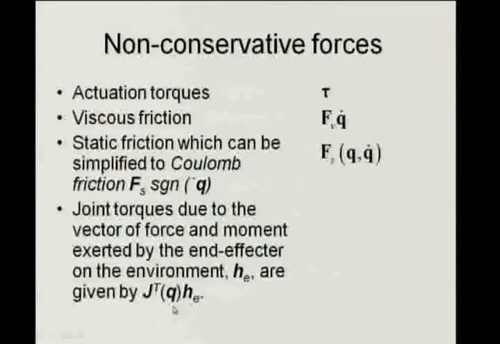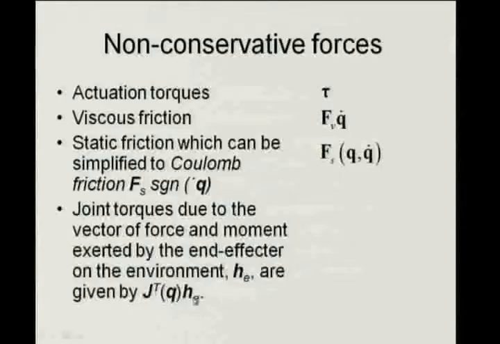No. When I did infinitesimal screws, that is what I discussed, that you get that from conservation of energy, because F dot V is equal to power. If you look at a static case, nothing is accelerating, so no power. So from F dot V you get J transpose Q into HE, the end effector force vector, has to be equal to 0. So you get this.